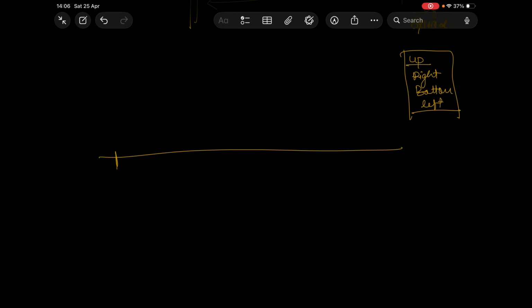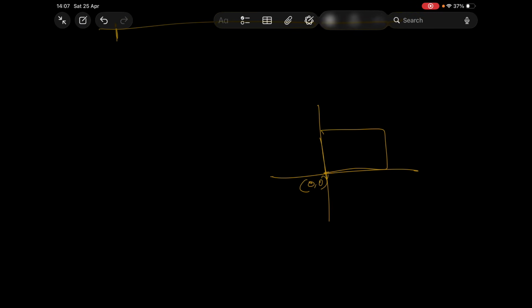So this is how it is, and we have these points 0 comma 0, oh sorry, 2 comma 0, 2 comma 2, 0 comma 2, and there is one point here 1 comma 2, here it is 2 comma 1, and here it is 0 comma 1.